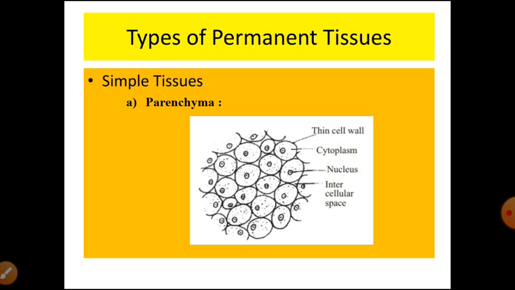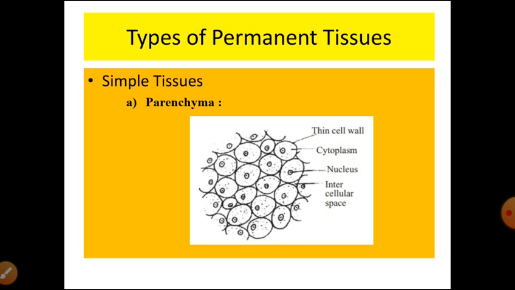The softer portions like epidermis, cortex, pith, pericycle of stem and root, and mesophyll of leaves contain parenchyma cells. These parenchyma cells are precursors of all other tissues. They occur as a homogeneous mass in many portions.